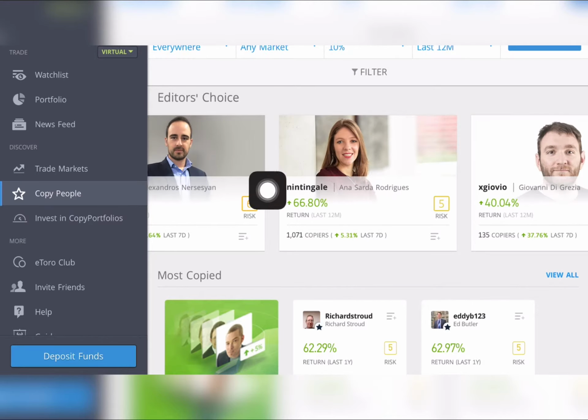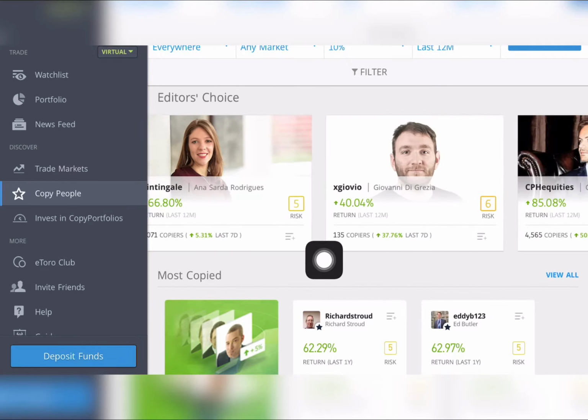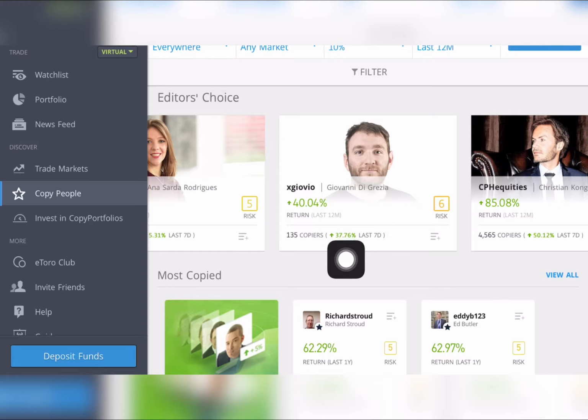Normally I check here because they are the most popular traders to be copied. How will you know to choose the right trader? Check all these copiers. The more copiers this person has, the more reliable they are, because there are a lot of people copying them, meaning they are really good, guys.